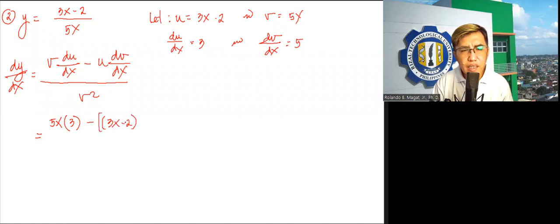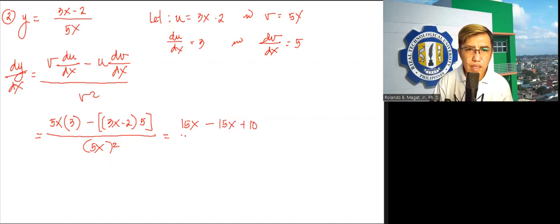And then, ang dv over dx natin ay 5. Okay, all over, ang v natin ay 5x, so 5x quantity squared. So, what we have here is, I have 15x minus, diretso ko na ha, 15x minus 10 plus 10. Okay? All over 25x squared. Okay?